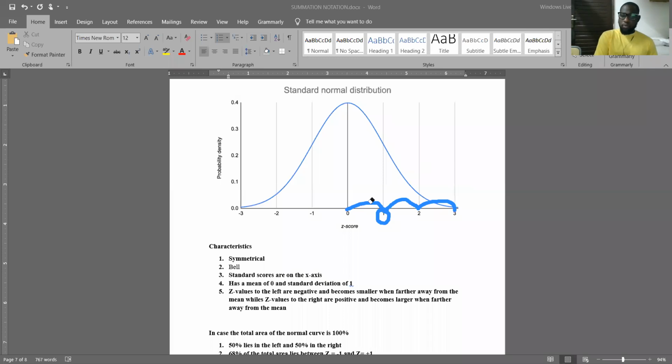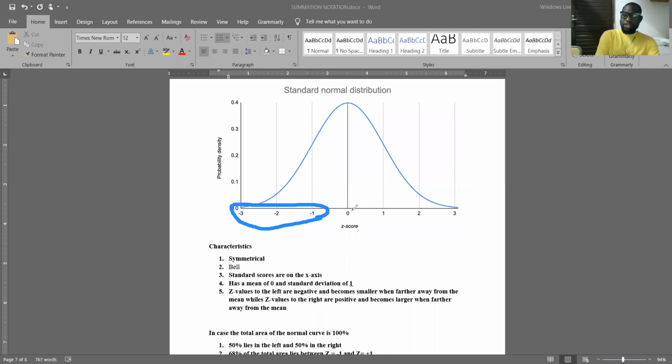Also, the z-scores found on the left-hand side are negative. That's why when you check the negative side, the values there are negative. If this is the mean, then whatever values are on our left-hand side are negative.